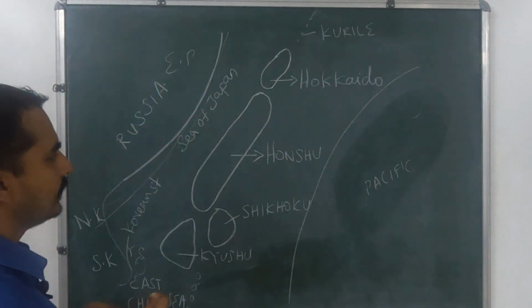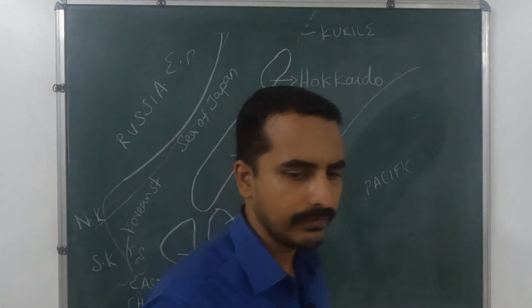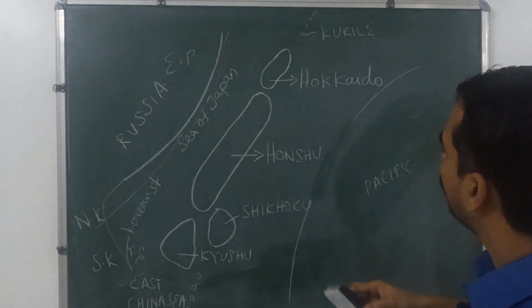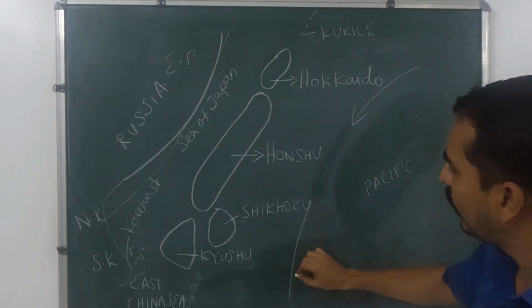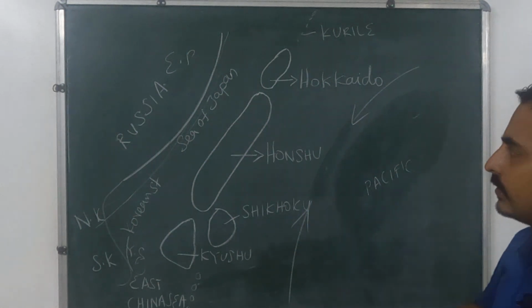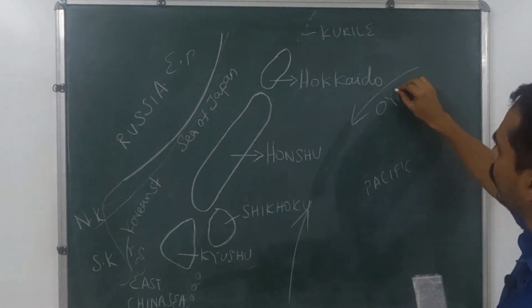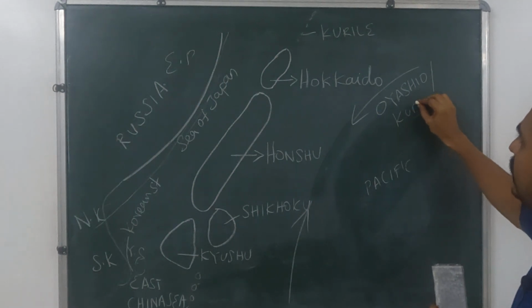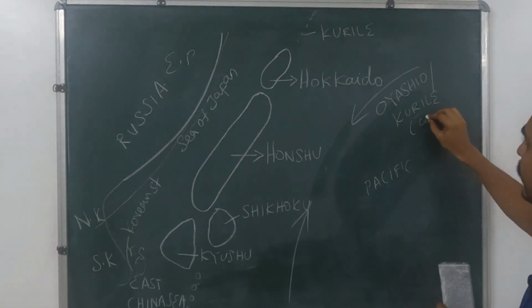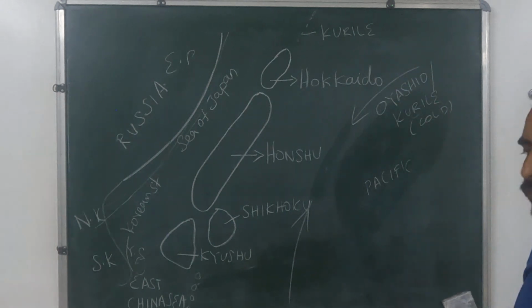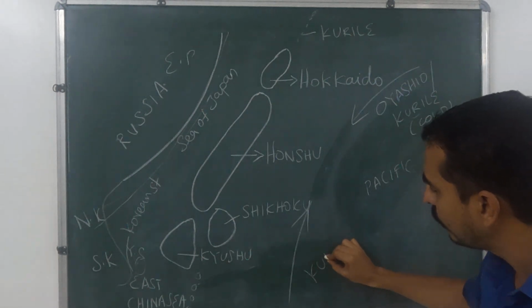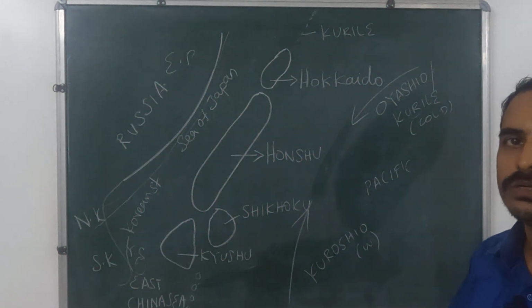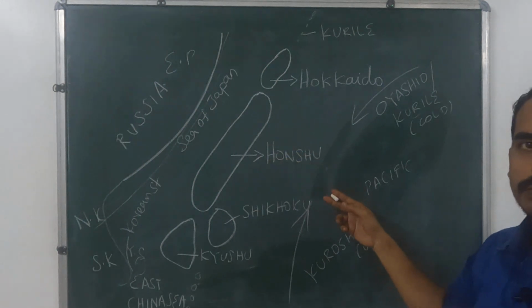Then another important physical feature: in the eastern part of Japan, the cold ocean current and the warm ocean current meet. The Kuril cold current, otherwise called the Oyashio current, and the Kuroshio warm current meet in the eastern part of Japan.